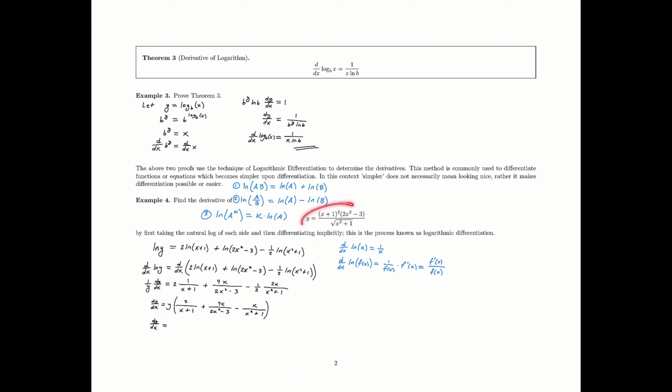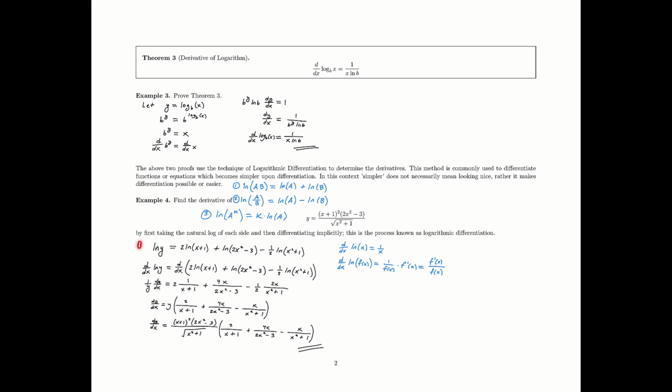So if we make that replacement, we'll have x plus 1 quantity squared, 2x squared minus 3, all over the square root of x squared plus 1, times this whole expression, which we can just copy paste. And that is how you do logarithmic differentiation.